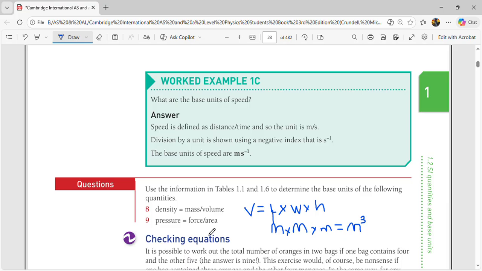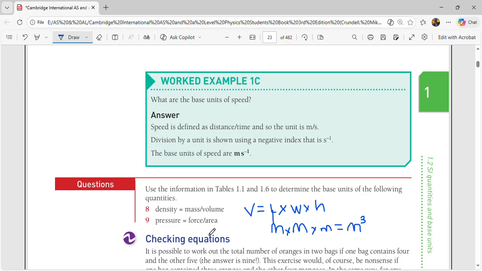If they are balanced on the left and right of all the terms involved in the equation, then it means the equation is homogeneous. So we use dimensional analysis to check the homogeneity of an equation, which also affirms that if the equation is homogeneous, it can be correct, it can be valid.